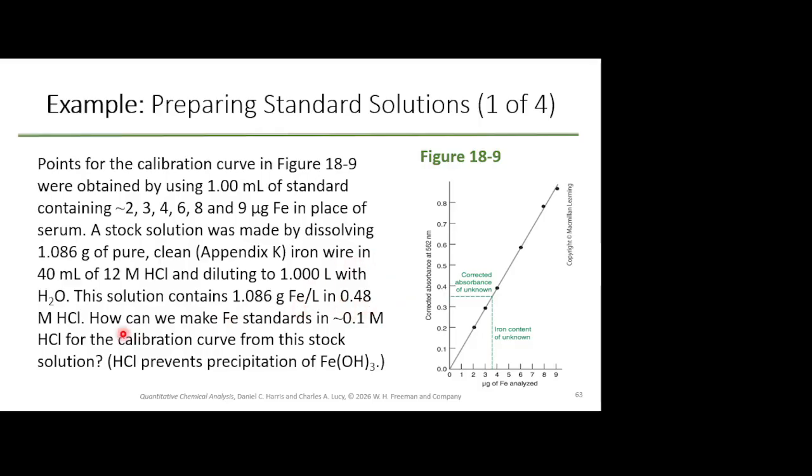This is going to be in 0.48 molar HCl. How can we get to a 0.1 molar HCl for our calibration curve of that stock solution? Notice that we can't precipitate this, right? So how can we make that stock solution?